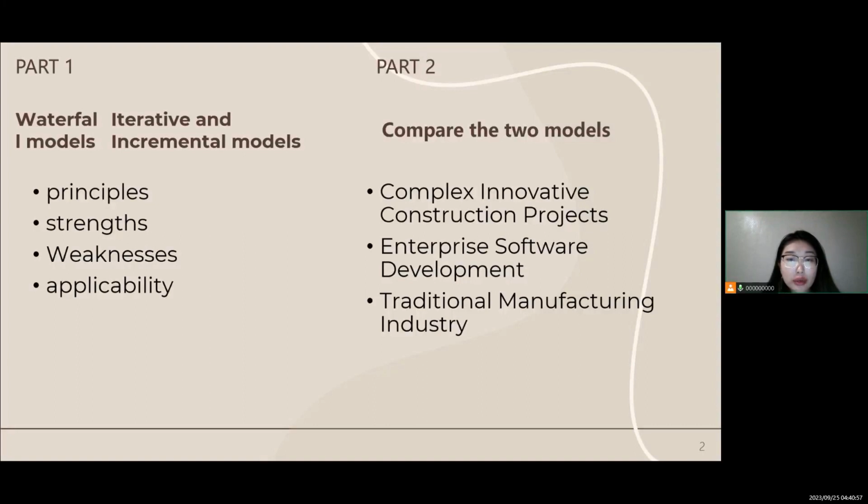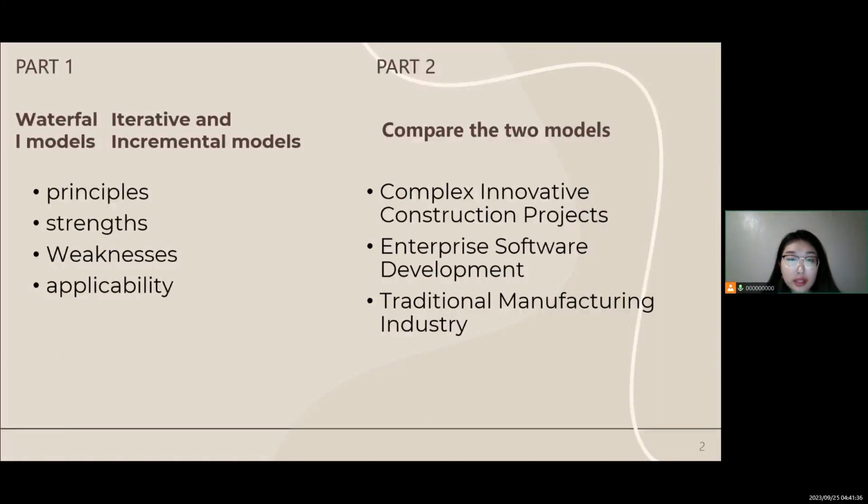In this scenario, the iterative and incremental model can better accommodate changing designs and functionality requirements, allowing for adjustment and improvement at different stages of the project. The waterfall model, on the other hand, is more suitable for projects with relatively stable requirements that are less prone to changes, such as traditional construction projects.